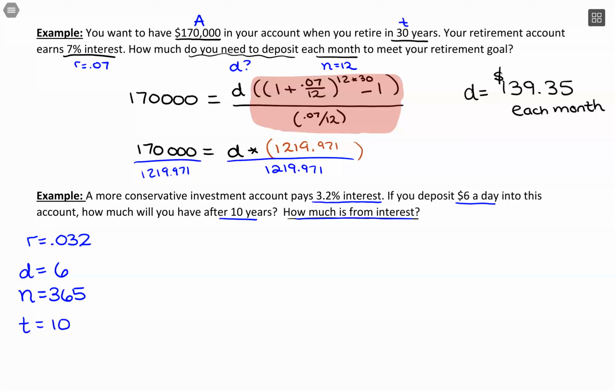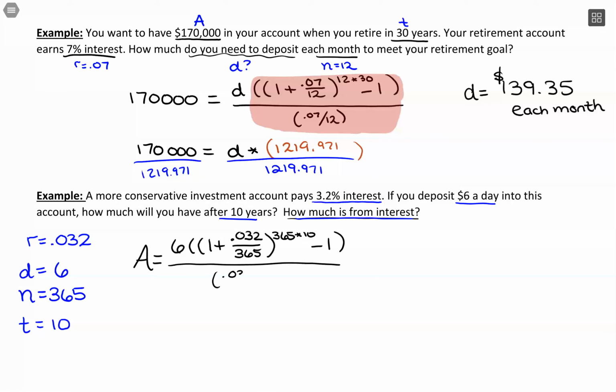So first let's figure out what we end up with. So our amount, so we'll have 6 and then parentheses 1 plus the rate divided by N, then exponent of N times T, minus 1 divided by 0.032 divided by 365.